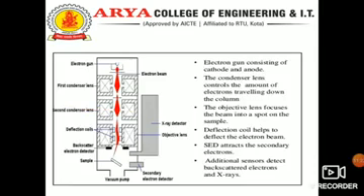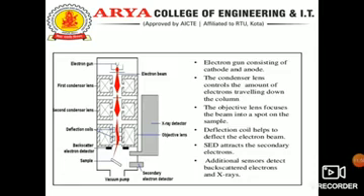And these are the essential components of the SEM: electron gun and the condenser lenses, deflection coils, secondary electron detectors, X-ray detectors, and electron beam and objective lenses. Electron gun consists of cathode and anode.